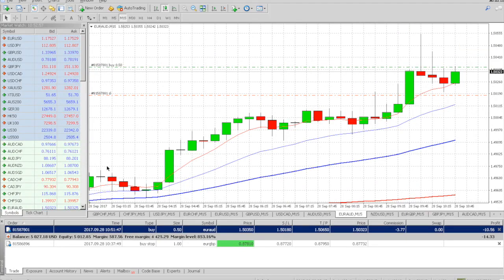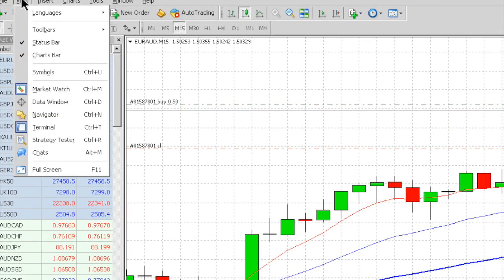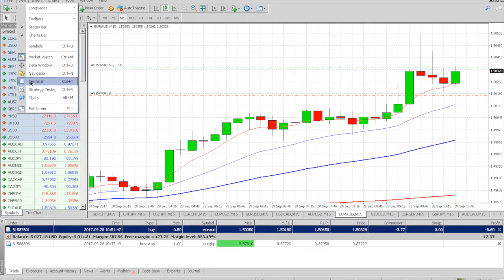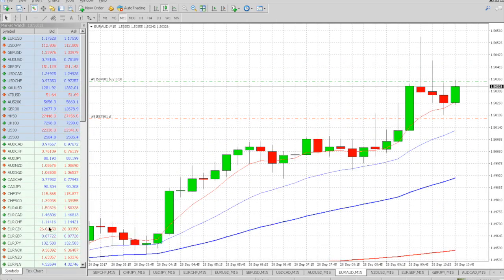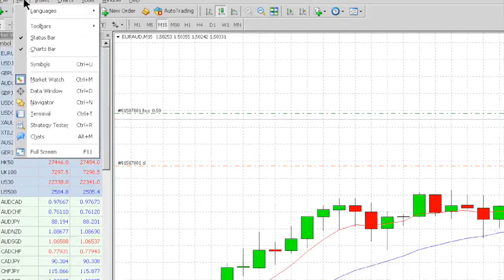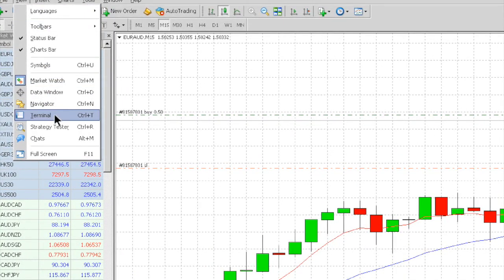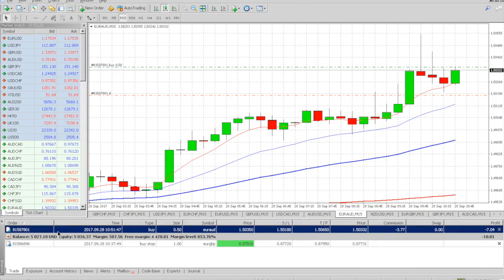All right. Again, if you want to look at this, you have to go to View, Terminal. All right. So as you can see, I got rid of it. If I want to view it again, I go to View, Terminal, and there you are.